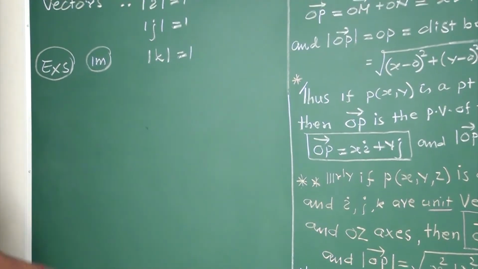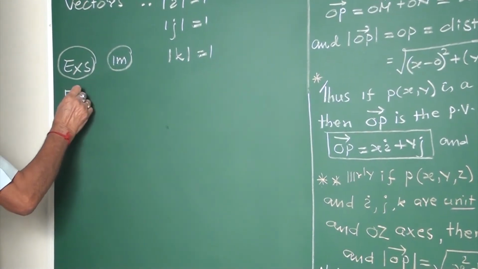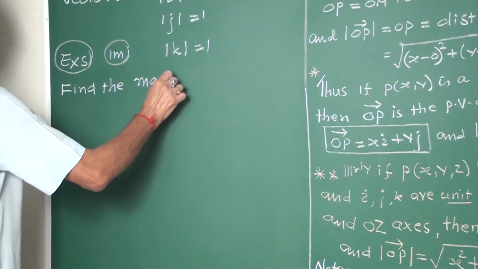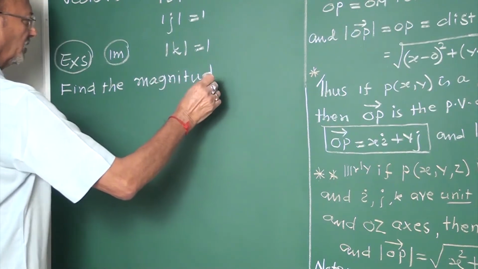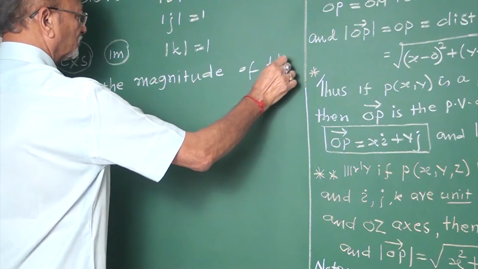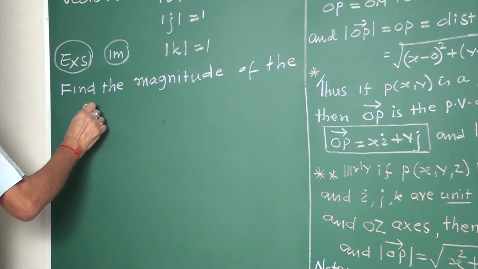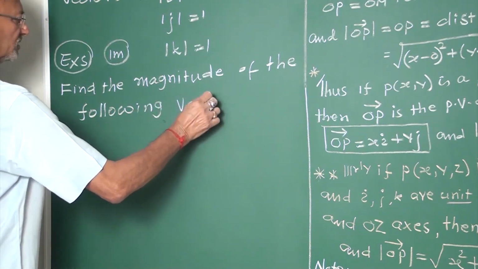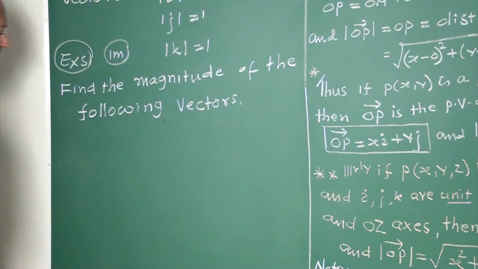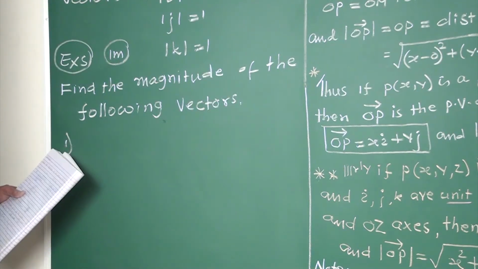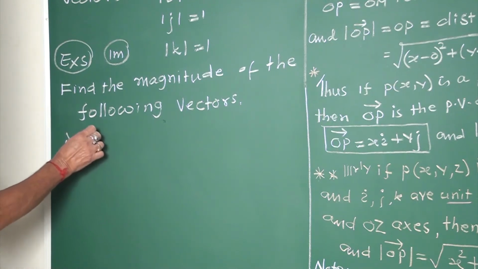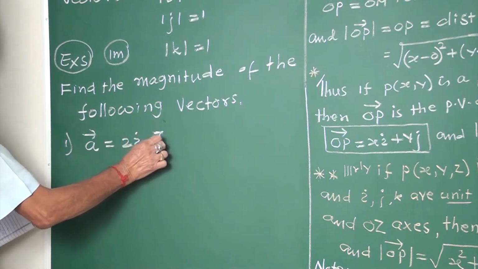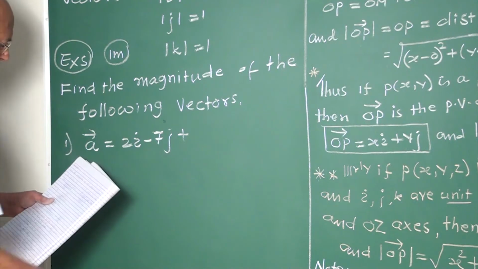Find the magnitude of the following vectors. Yes, first one. First is vector A equal to 2i minus 7j plus 3k.